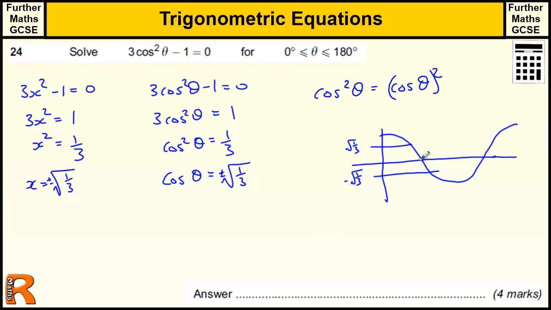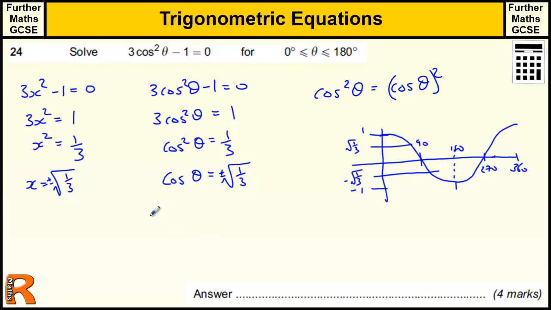Okay, so this is 90 degrees, this is 180, this is 270, and this is 360, and that's 1, and the bottom is minus 1. So we're going to have one value between 0 and 90, and one between 90 and 180, because we want all the values between 0 and 180.